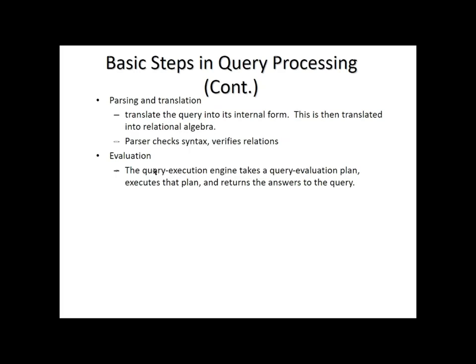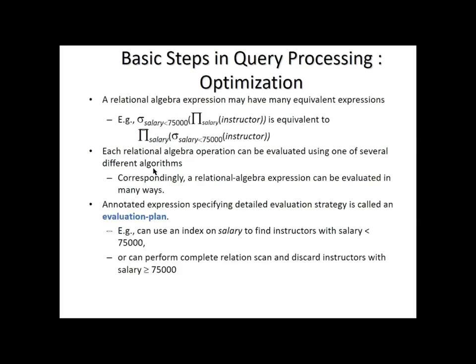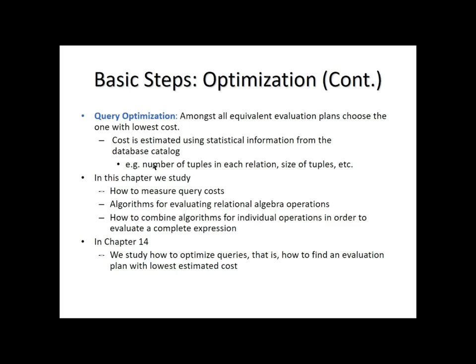In evaluation, the query execution engine takes the query evaluation plan, executes the plan, and finally returns the answer. Even though there are different methods of executing the query, the final result will be the same. But the method of evaluating the query depends upon the optimizer.